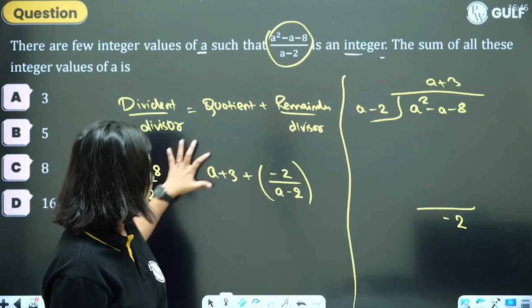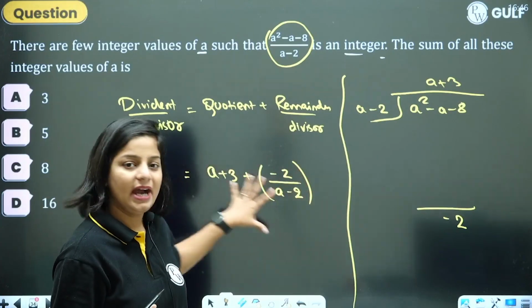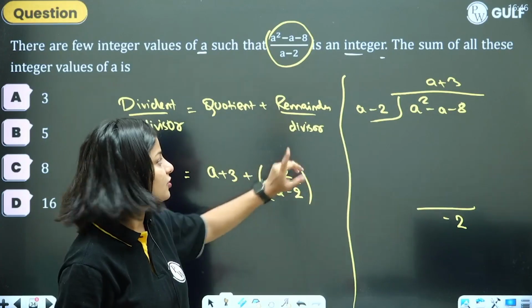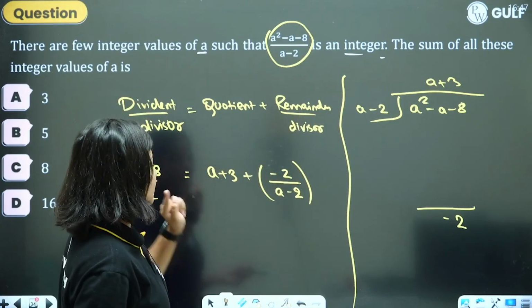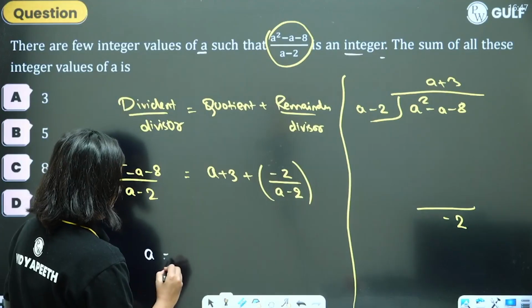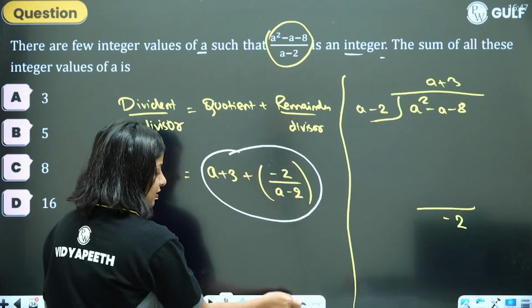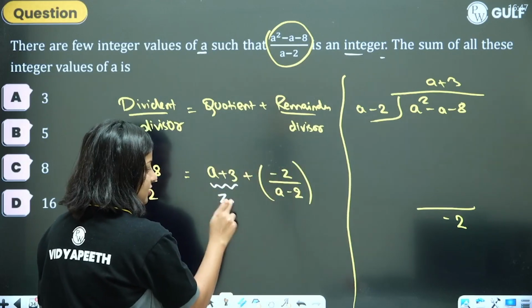Meaning the division, the final answer should also be an integer. A is also an integer, and adding, dividing everything, you must get an integer. What is the sum of all these integer values? So basically find out what are the values of A, add them. Let's find what are the values of A. So since I want this as an integer, this will always be an integer. Integer means Z.